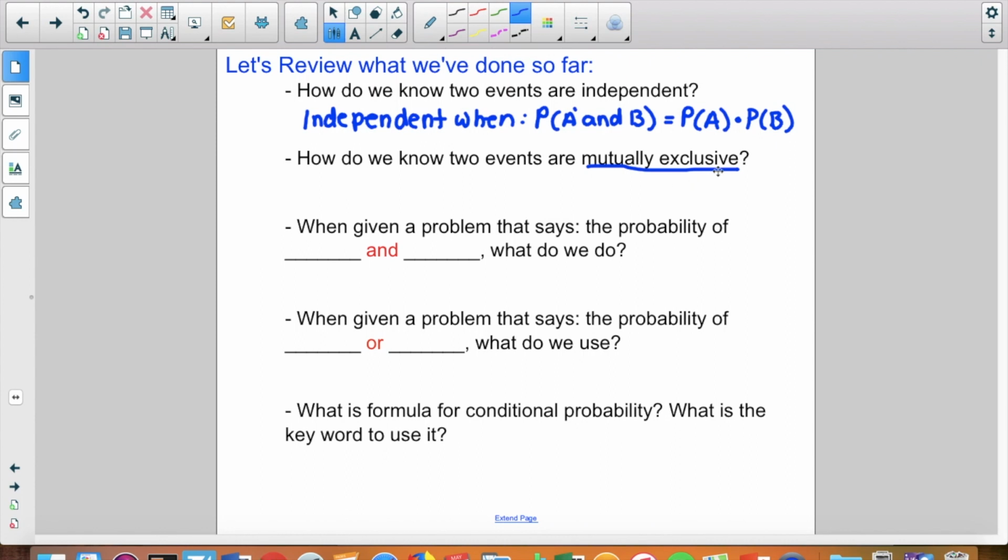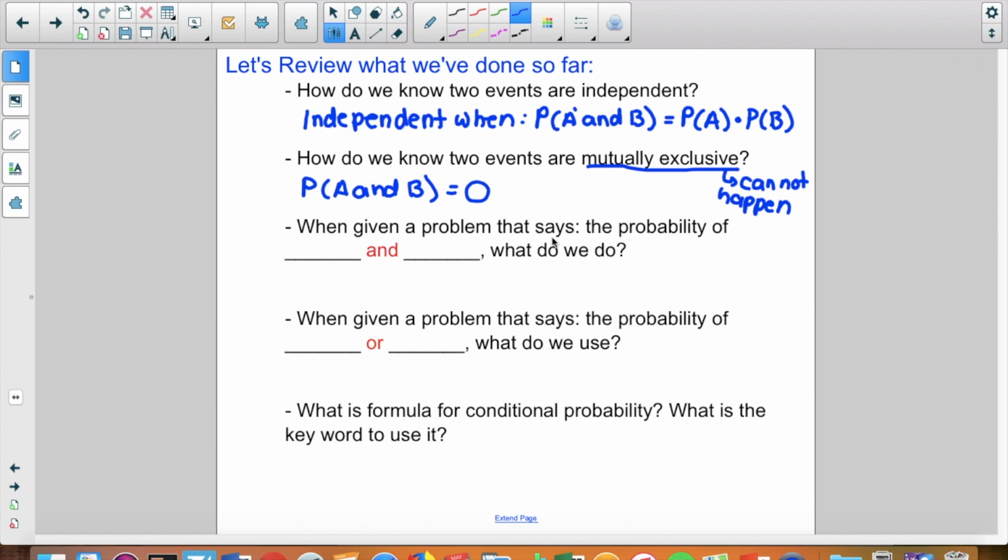Remember, mutually exclusive means they cannot happen at the same time. So the probability of A and B would equal 0 because it can't happen at all at the same time, like winning and losing a race.